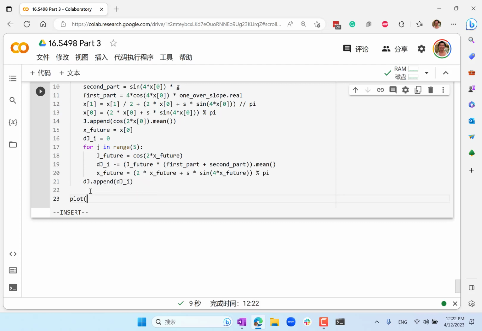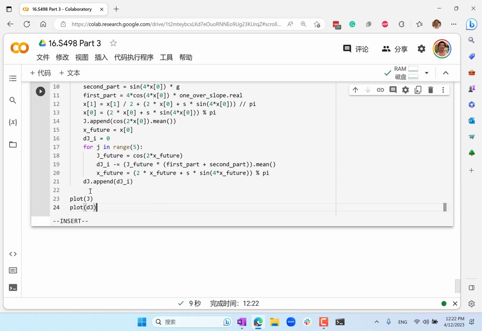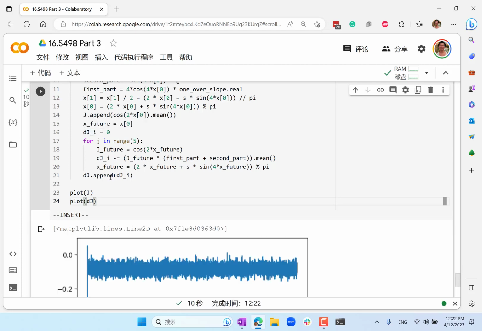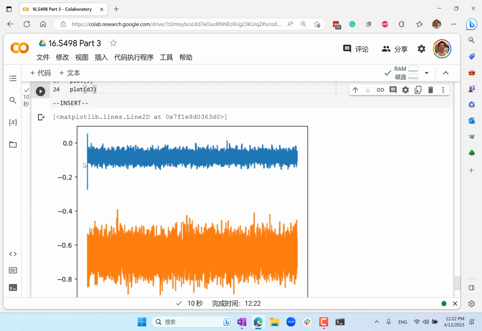So if we plot j, we should be able to see the time history of the averaged objective function, and also the time history of the averaged sensitivity computed. So this is the objective function, and this is the sensitivity.